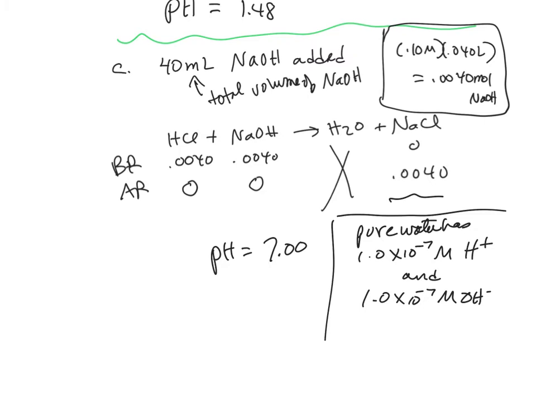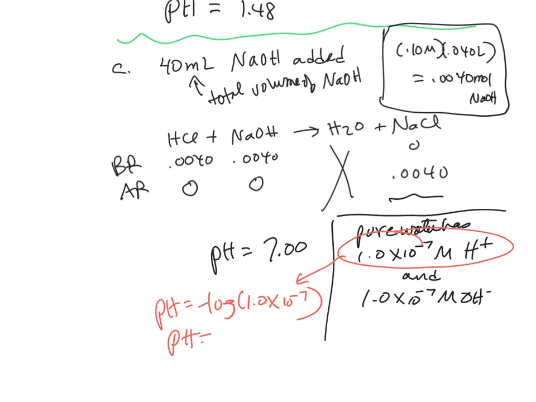So you could say pH is the negative log of 1 times 10 to the minus 7. pH is 7, so you could get it that way if you thought about it deeply. So that's the endpoint or the equivalence point. And for the case of the strong, the pH is going to be 7 at the equivalence point.